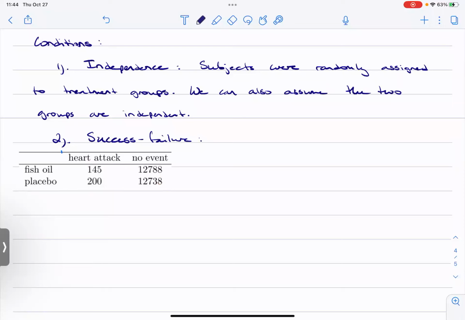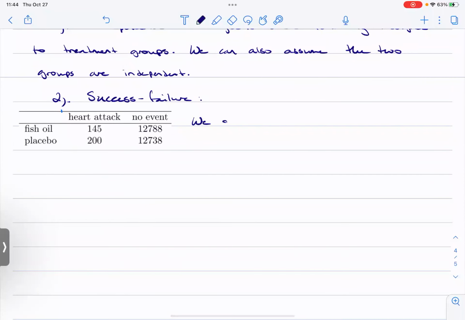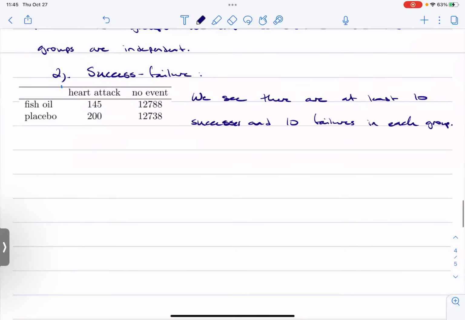But we see there are at least 10 successes and 10 failures in each group. Or we can check, what would you do if you didn't have this table? You would likely have the sample proportions from each group and the sample size.